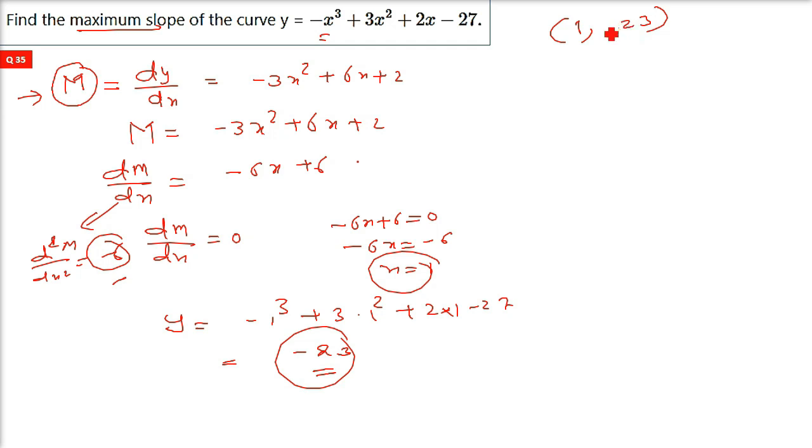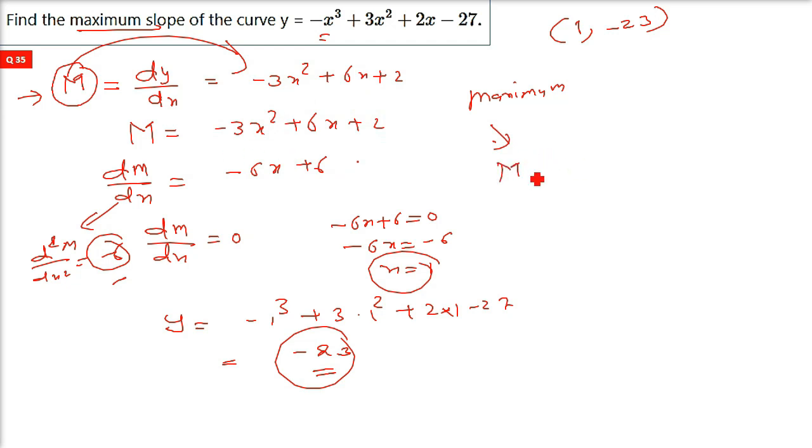What do you think? See, we have to find out the maximum slope. And slope is dy by dx. And dy by dx is negative 3x square plus 6x plus 2. So we have to use not the original equation, but negative 3x square plus 6x plus 2. Here you have to place x equals 1, and then we'll find out the value of m, which is the slope.